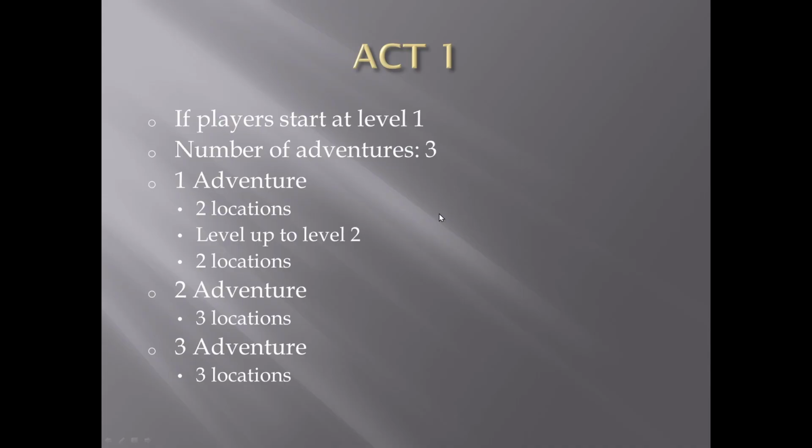Because of the limited amount of resources at this level range, basically from level 1 to level 4, including level 4, players have limited resources, and because of this I usually like to do one adventure in one long rest.